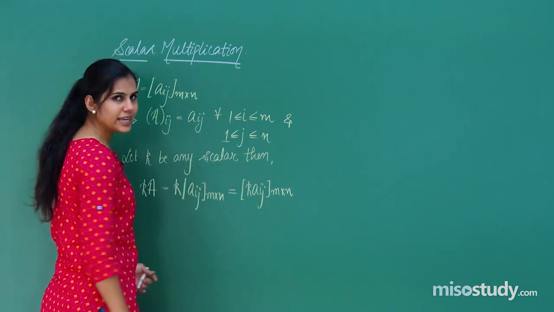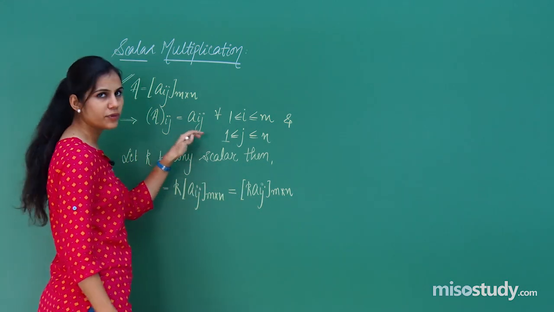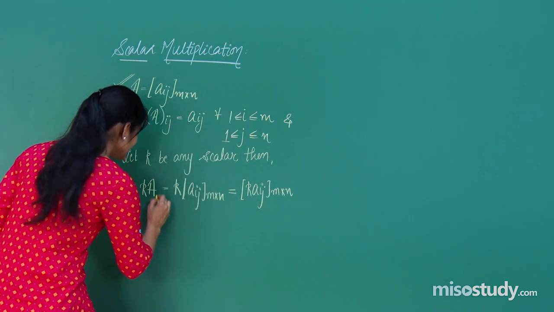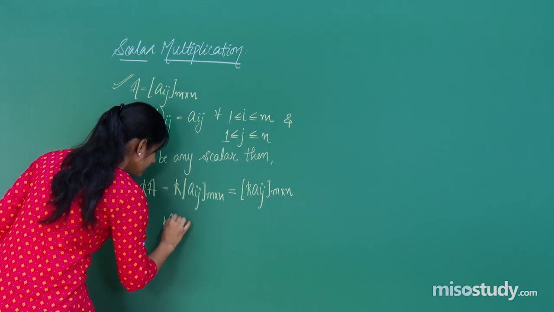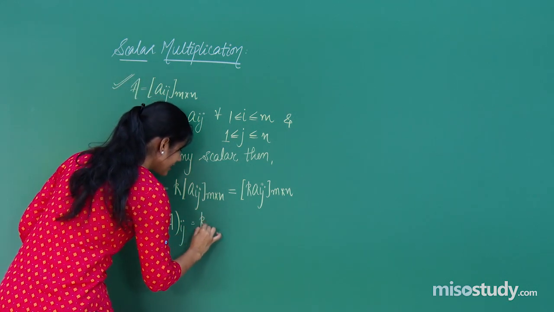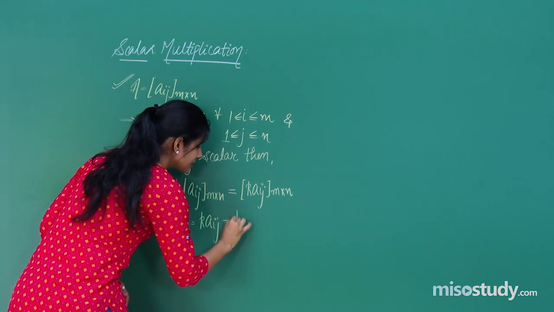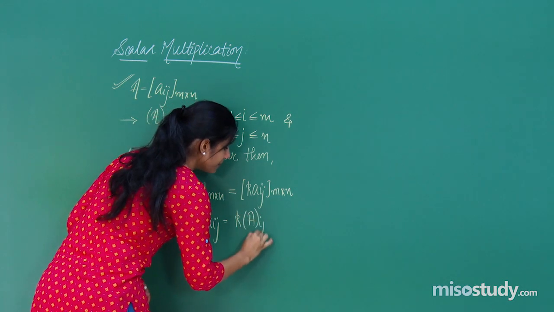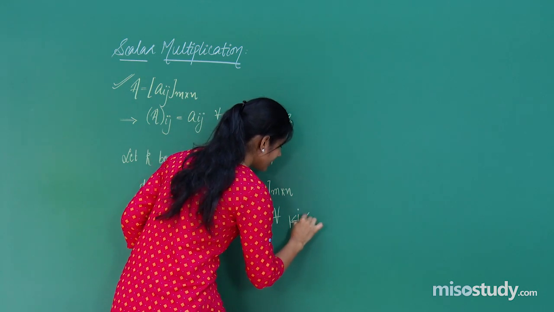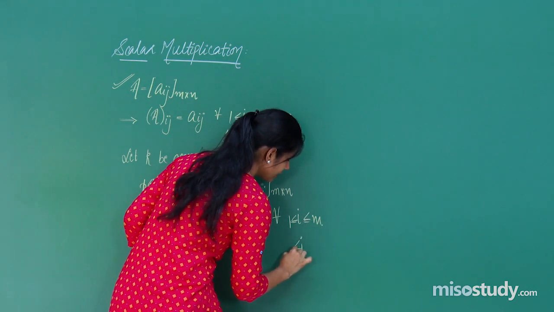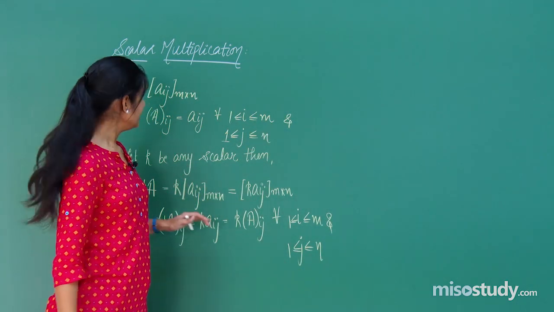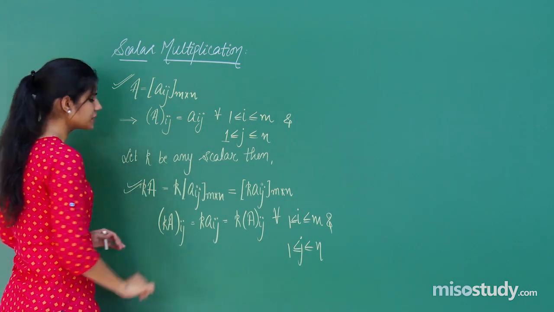Because the order of A and kA is exactly the same, the positions available with A and with kA are identical, and therefore the ijth member of kA is k times aij, which is nothing but k times the ijth member of A. This is also true for all i varying from 1 to m and j varying from 1 to n. Is it understood? This is the concept of A and then corresponding kA.